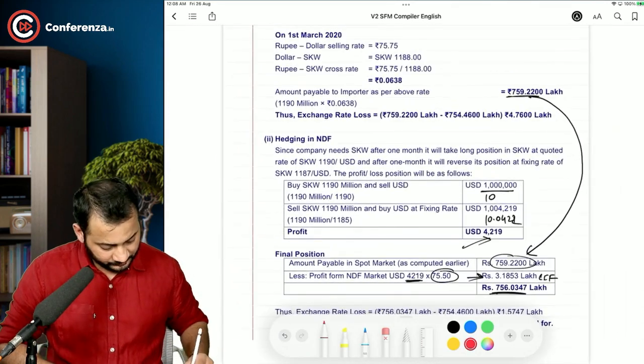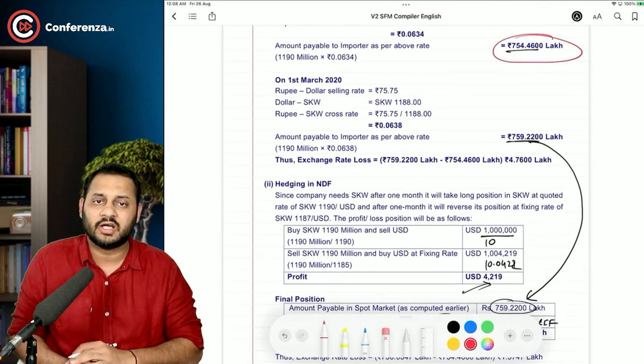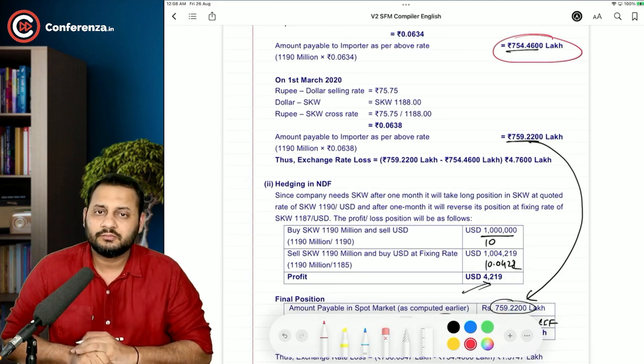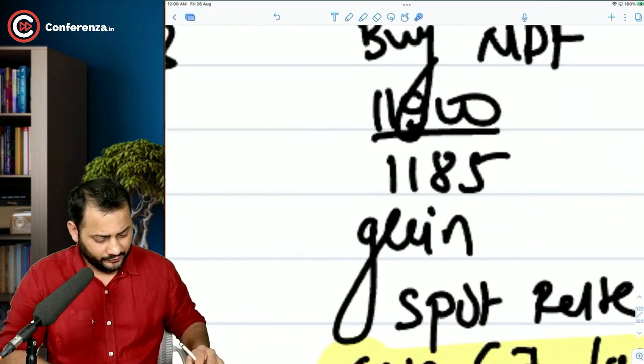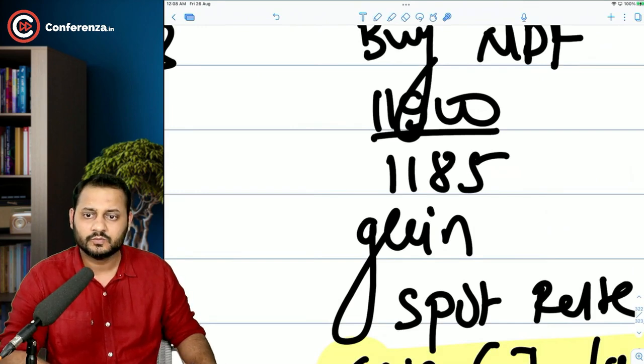Now understand, 756.0347, and this earlier price now will be compared. That's it. If you want me to summarize, I will just show you.